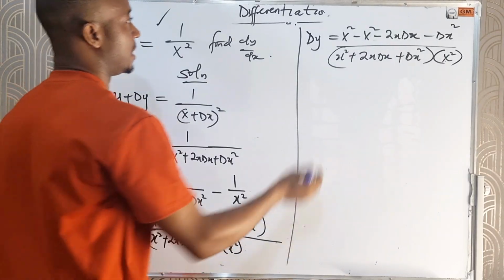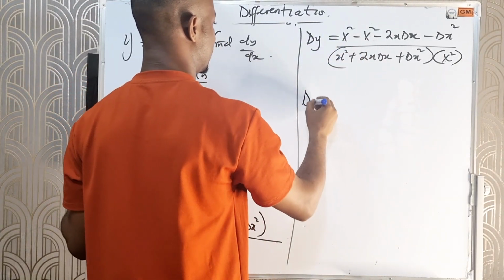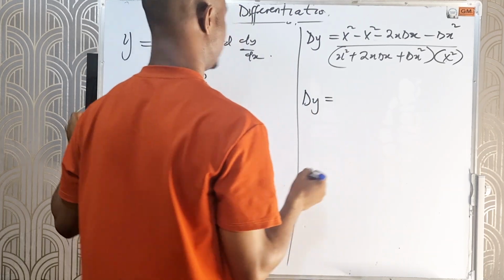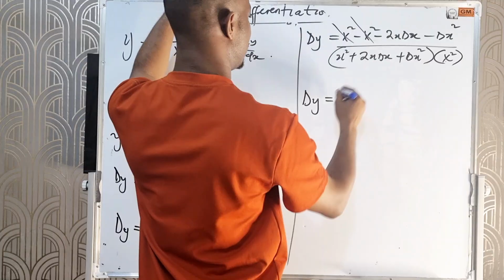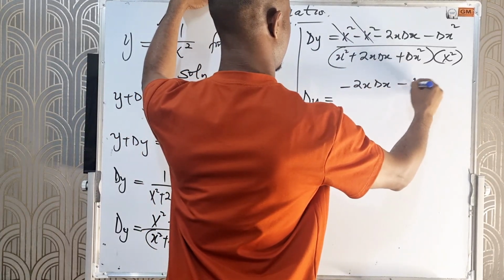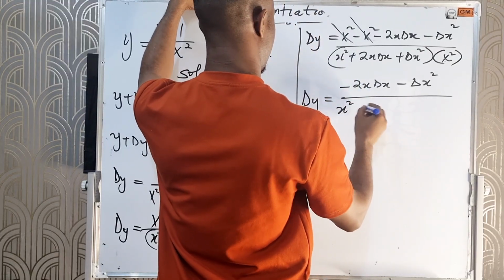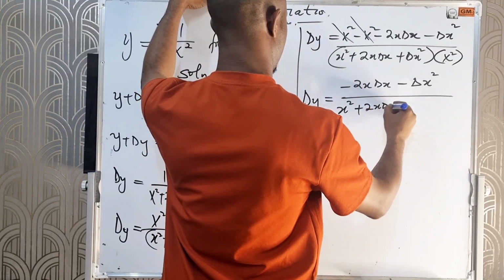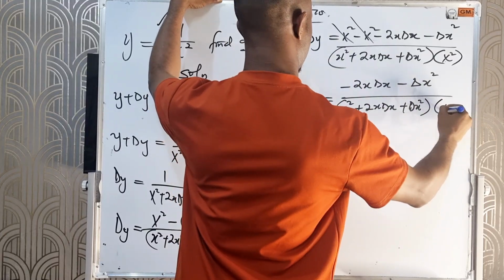Now, s squared, we subtract s squared. We are left with delta y equals, these two we cancel and they will subtract themselves. We are left with minus 2s delta x minus delta x squared over s squared plus 2s delta x plus delta x squared times what?